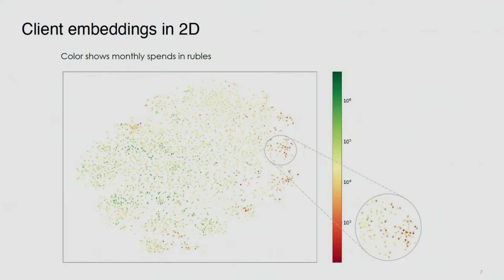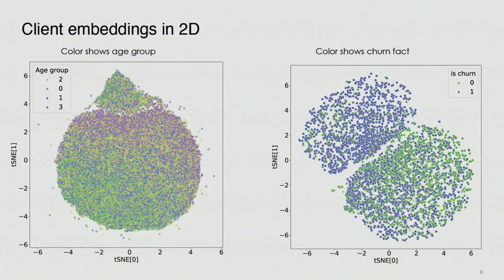In color, you can see the monthly amounts, and it is obvious here that in green or red color, the clients are clustered. We can see that the embeddings are placed in certain positions and clustered, not randomly, but following a pattern.